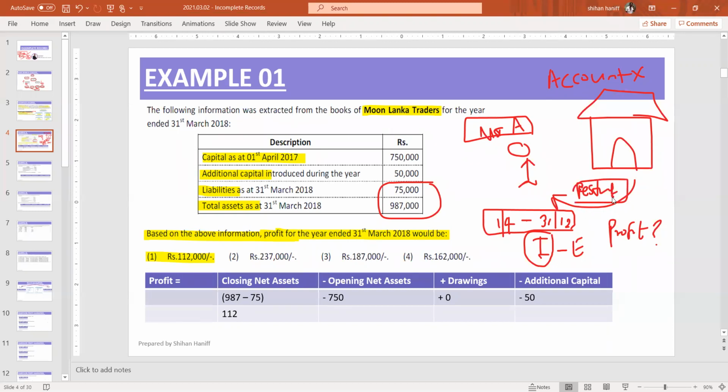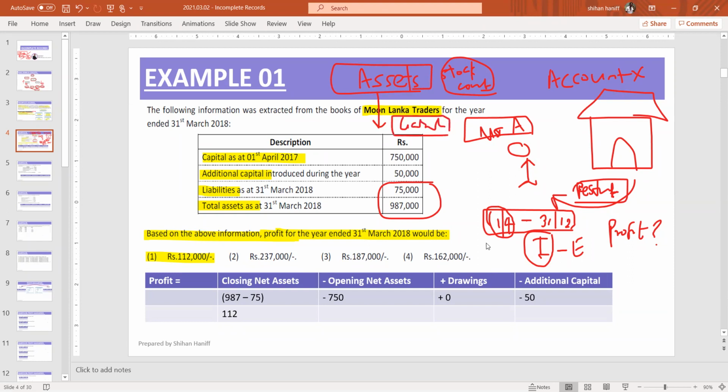It's very difficult. Therefore, the simple way is, you go on 1st of April to the business and see what are the assets available in the business. So simply we do a stock count. You can do a stock count and find out the assets and ask the owner what are the liabilities, right?